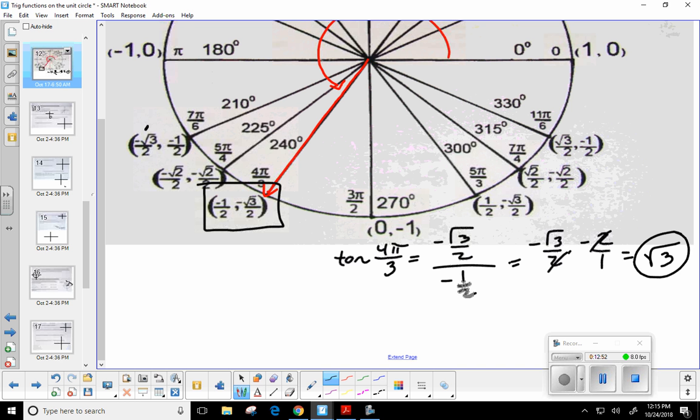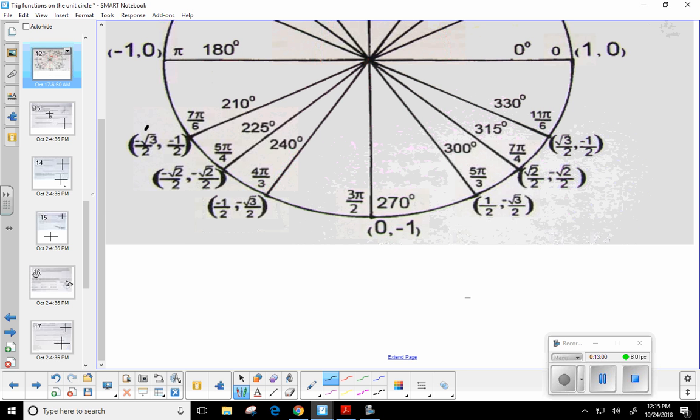Let me give you just some random ones. Let me give you 3, and let's see how we do with them. On the unit circle, let's say I want the sine of 11 pi over 6. Let's say I want the secant of 5 pi over 6.